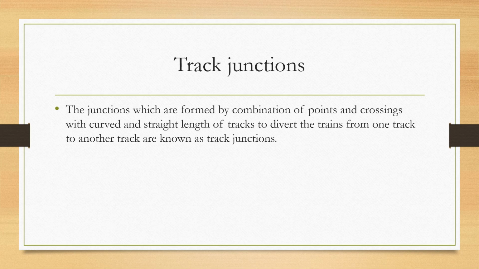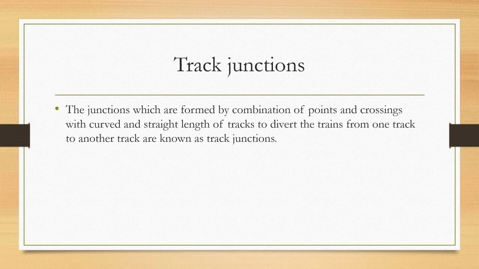Track junctions. The junctions which are formed by a combination of points and crossings with curved and straight lengths of tracks to divert the trains from one track to another track are known as track junctions.